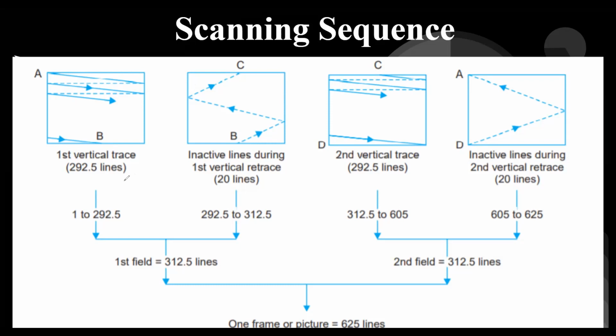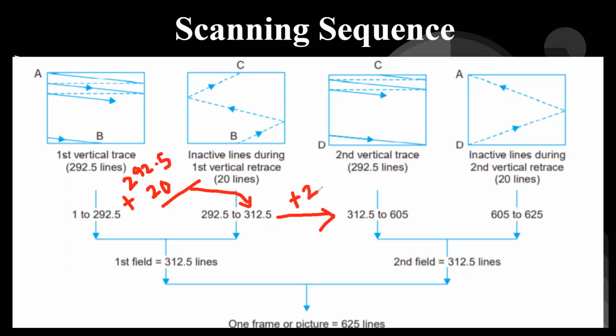So here what is the answer here? 292.5. Clear? Plus you just add 20, so you are getting what? 312.5. Similarly, for 312.5 you can add 292.5.